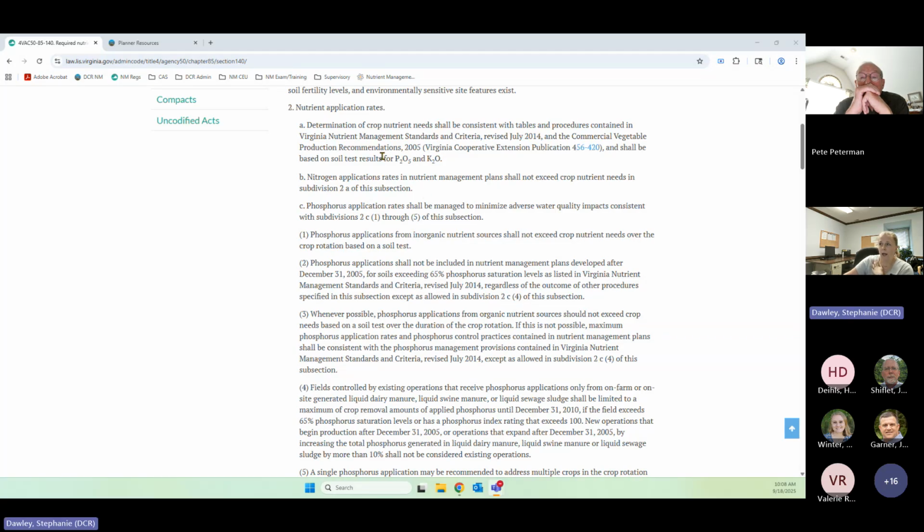And they're determined based on the crop needs that are found in the Virginia Nutrient Management Standards and Criteria, and also the Commercial Vegetable Recommendation Guide, 2005. There's a 2025 one out there as well, which would probably be a better source for that, but it's written into the regs that we use 2005.